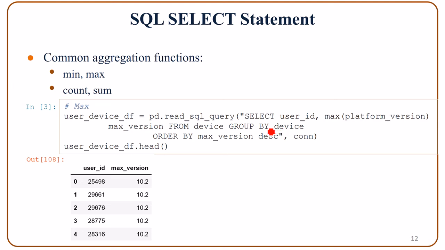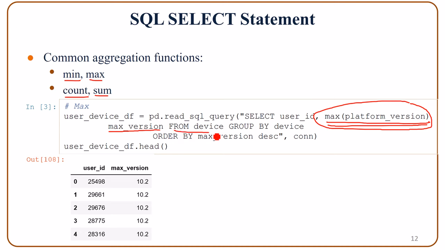There are common aggregation functions such as min, max, count, sum, and we saw some examples that use count. This example uses the max function. So select user ID and max of platform version. And because this is a function, you should give it an alias, which in this case is max version, from this table, namely device, and group by device.